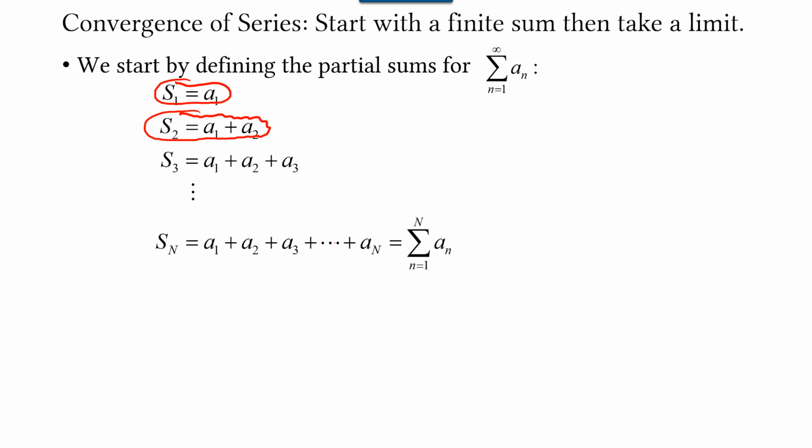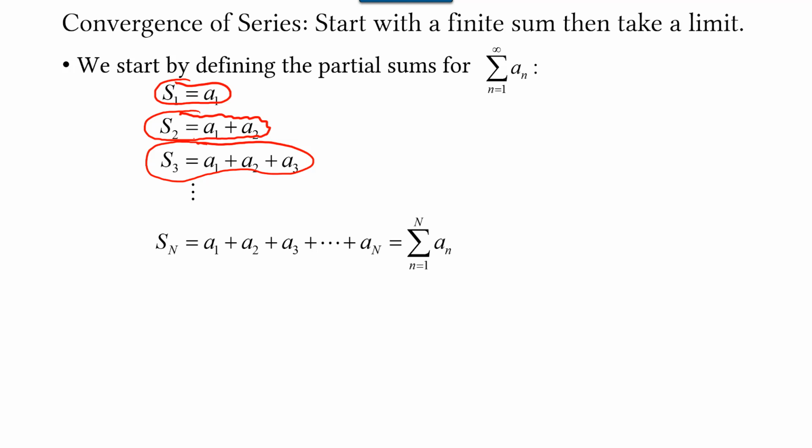The third partial sum we would get by adding the first three terms together. So these are all just finite sums that we can easily accomplish if we know what the formula is for the nth term. We go all the way down so that for any finite sum we could represent that as s sub capital N, where capital N indicates the last term in the partial sum.